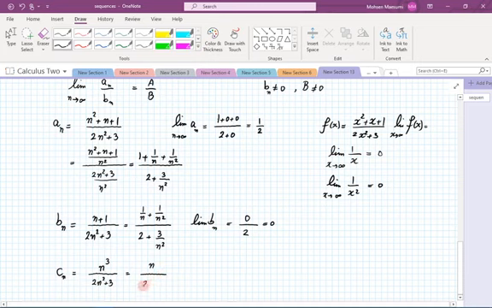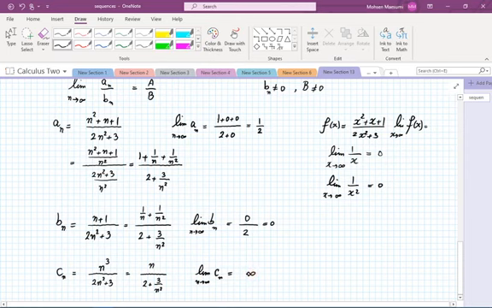The denominator is 2 plus 3 over n squared. So when I ask what is the limit of c_n, what would you say it is? The denominator goes to 2, but the numerator is going to infinity, so the ratio becomes infinity.